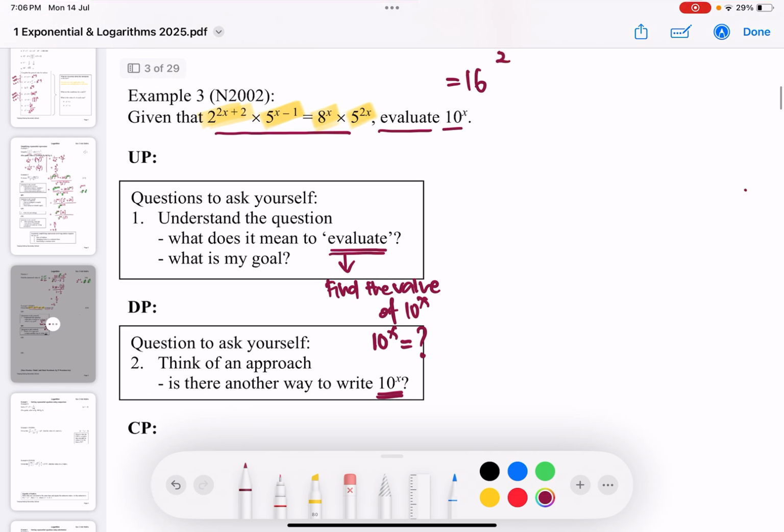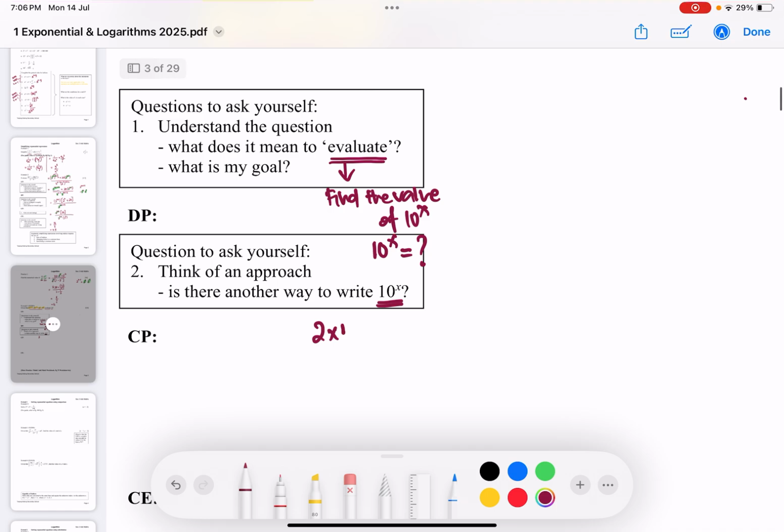And keeping in mind that the numbers in this question are revolving around base 2 and base 5, you will realize that actually 10 power x can be written as 2 times 5 power x, which means at some point in the question, you will probably see a 2 power x and a 5 power x appearing. Once you see this, that means the power is the same. Therefore, I can write it as 10 power x. So that's probably how we should work in this question.